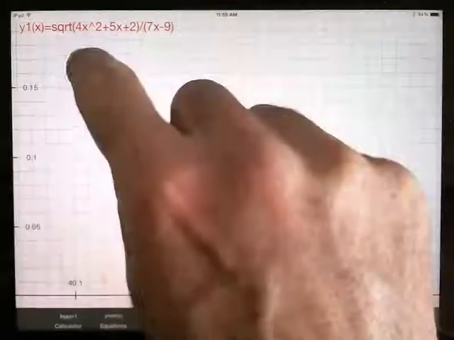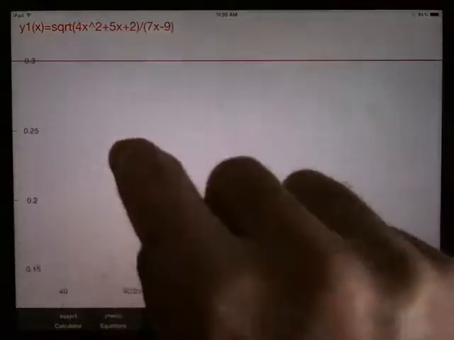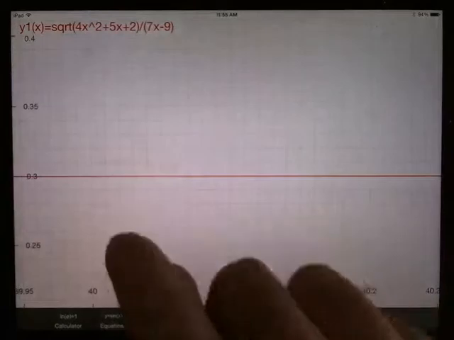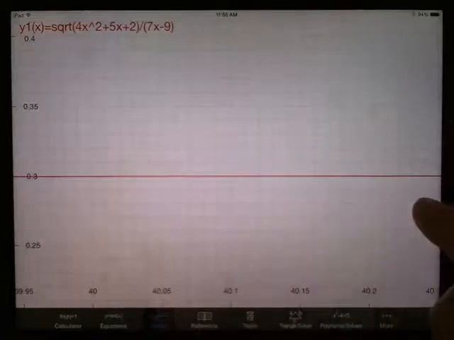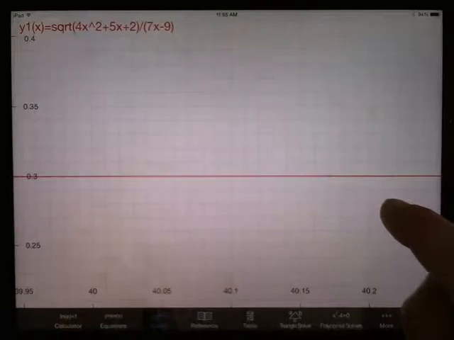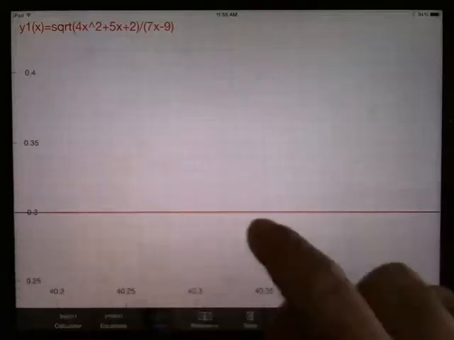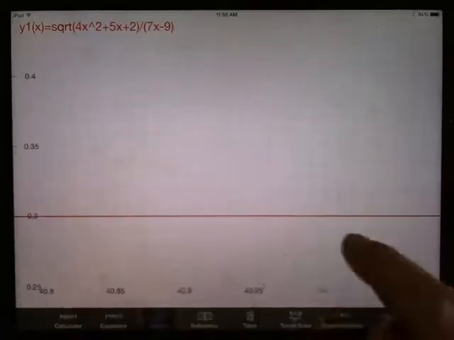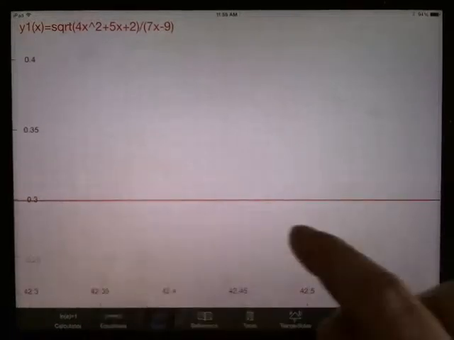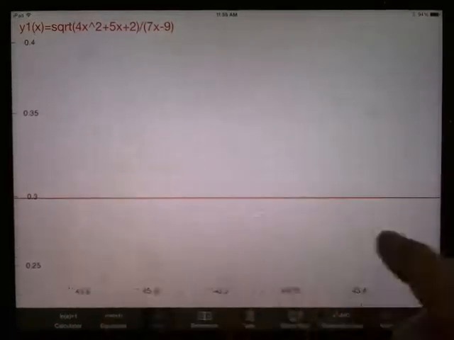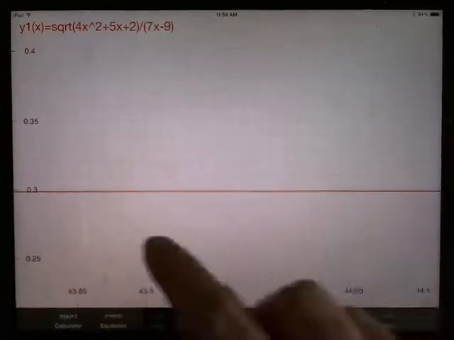So it's a little bit less than 0.3 if I zoom in a little more. Oh, this is really dang close to 0.3. It should be getting close to 2/7. So over I go. Oh, the problem is I hadn't gone over far enough. It's going down.